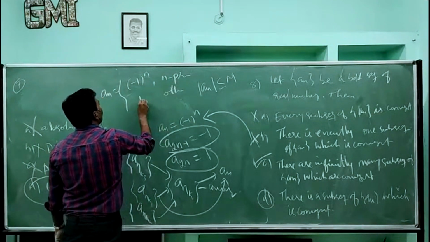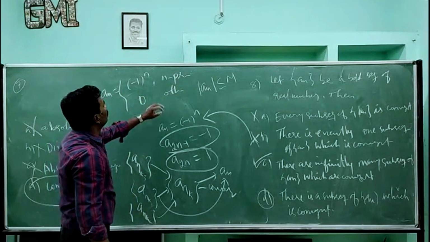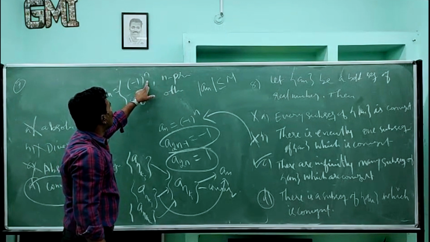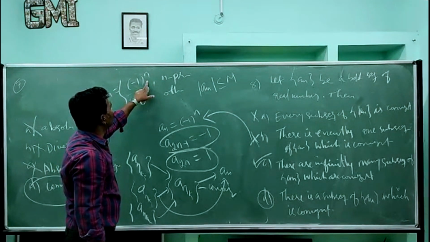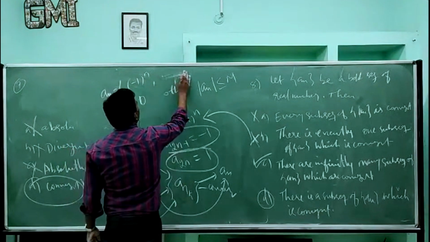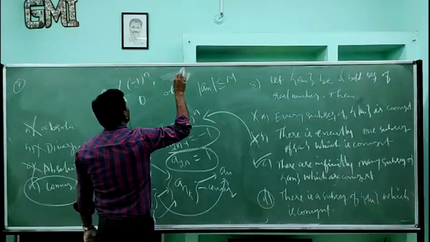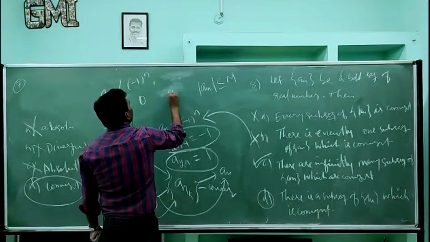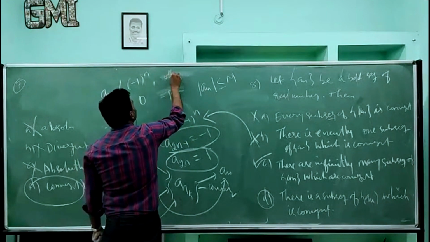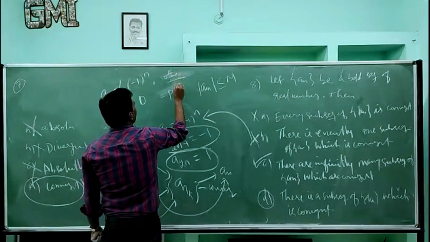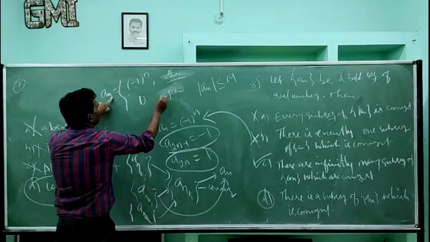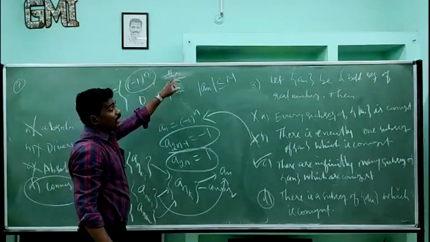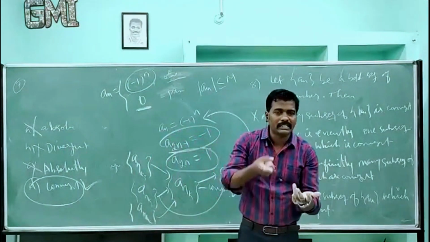So not a prime means some odd numbers are there, some even numbers are there.